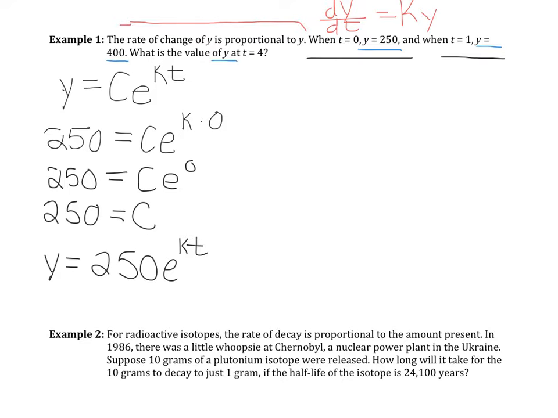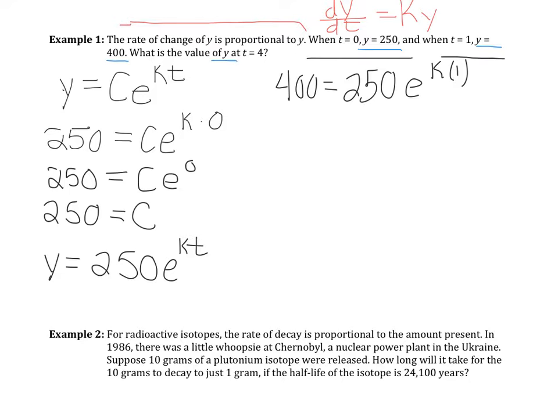So we can set up y is 400 when, and now we know that c is 250, e to the k times 1. So that leaves us with 400 equals 250 times e to the k. This is a pre-calculus problem. Let's solve.